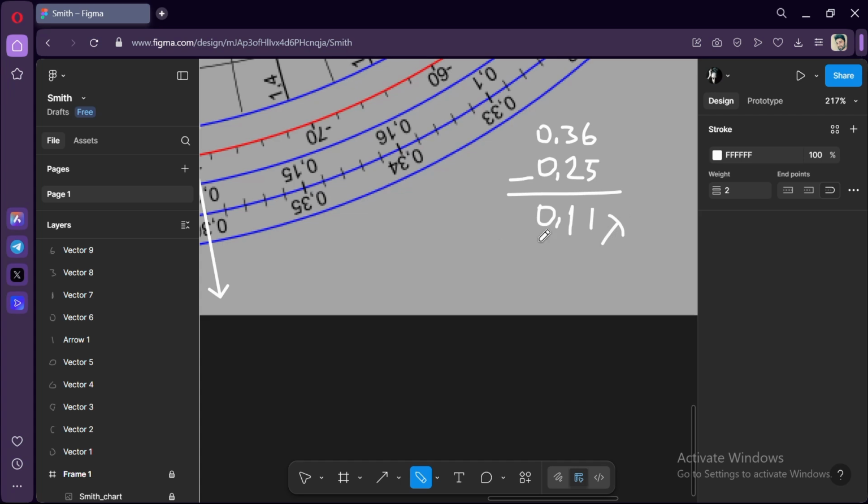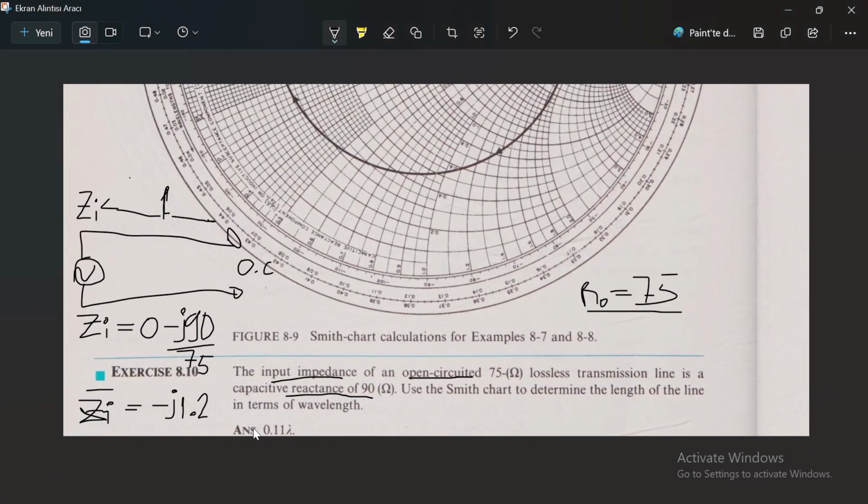So this is our final result. Also, the answer is already given since this is an exercise: 0.11.